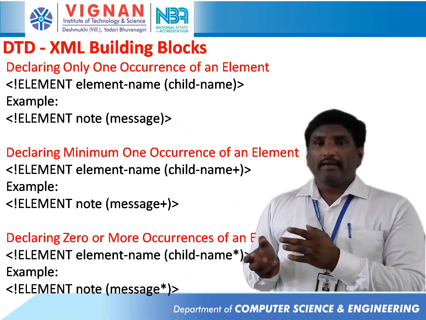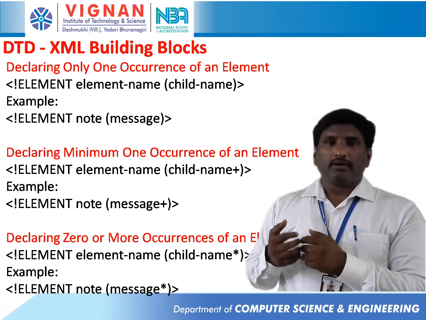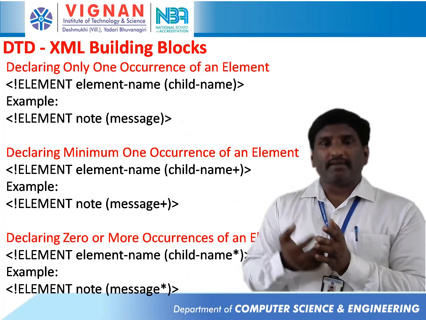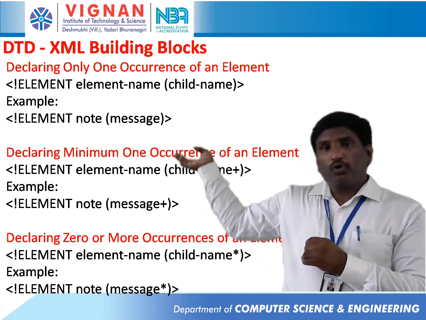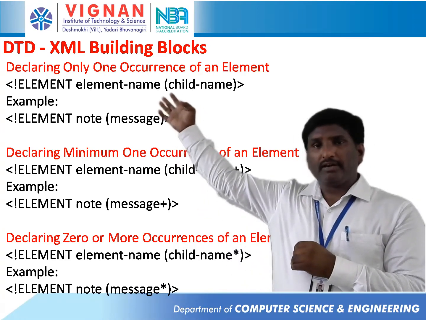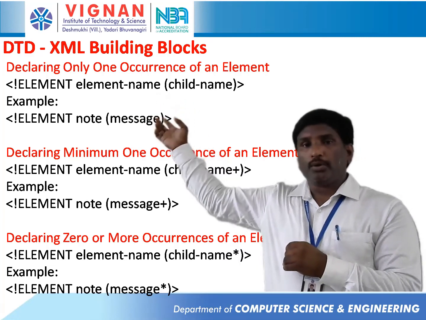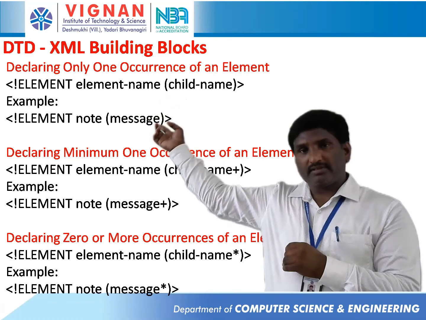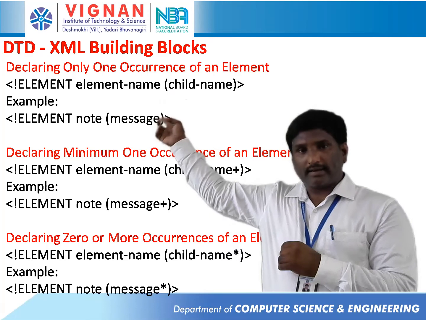One more thing: while declaring the element, we need to specify how many times it will occur. To declare only one occurrence of the element, we write the element name and the child. For the note, message is the child name, and that should be only one occurrence.